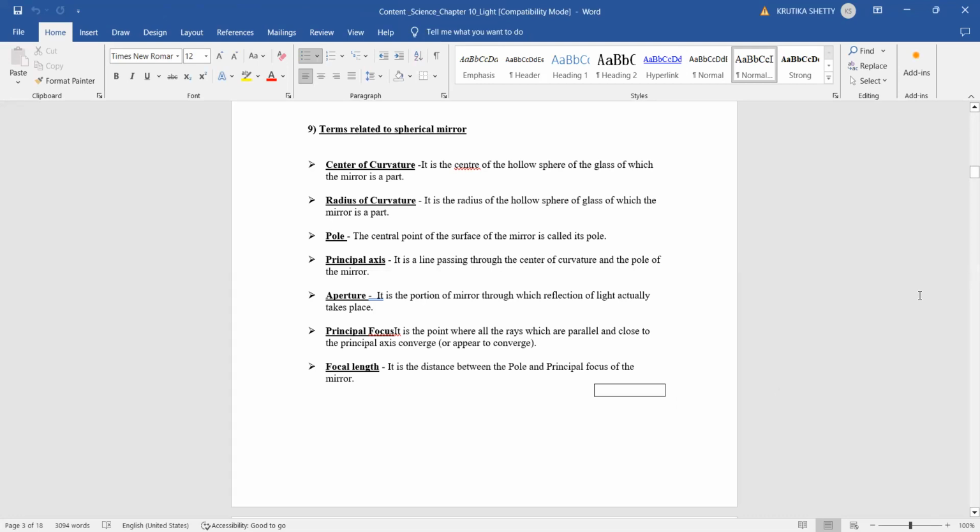So next point. I think next point in your book we have the uses. So let us go through that. So 7 terms are completed. The next one, activity they have given.